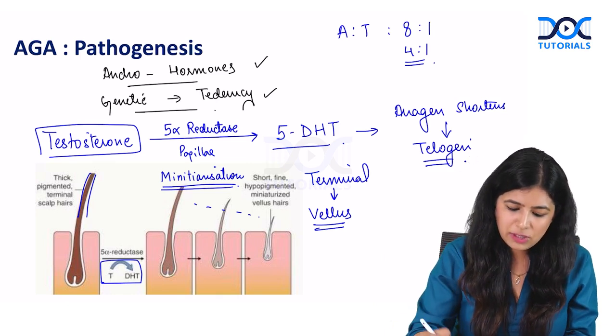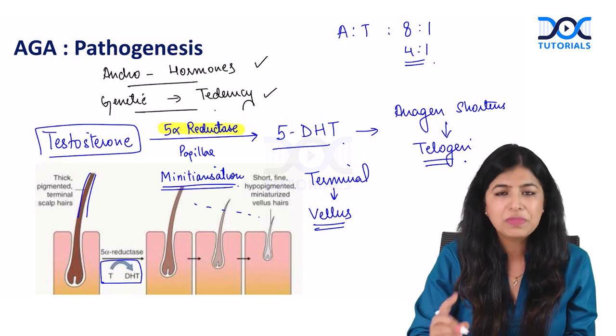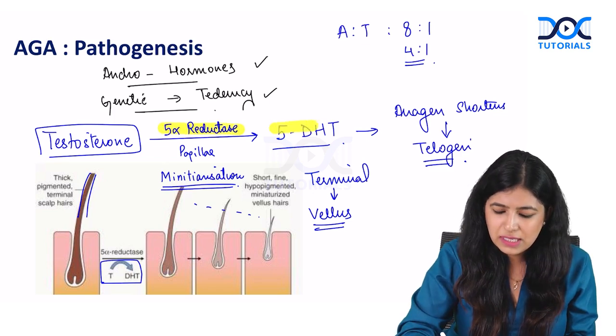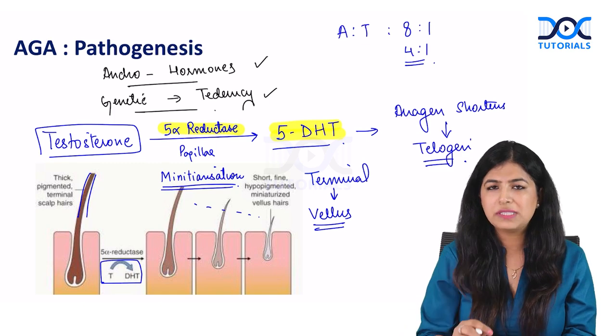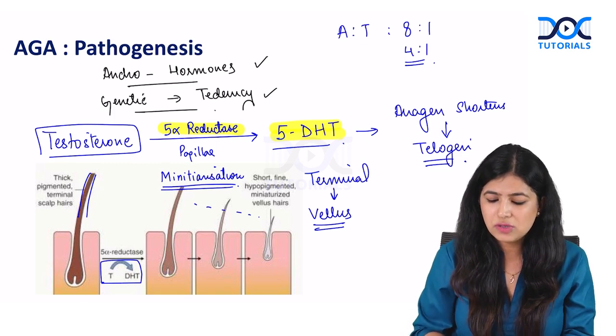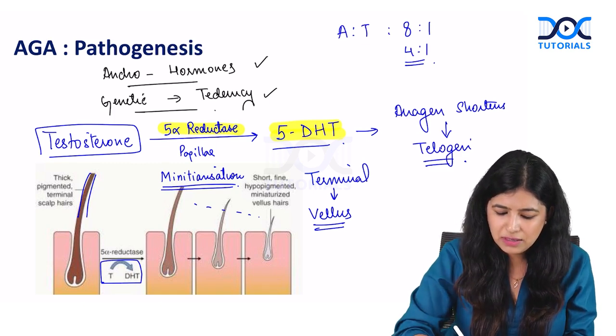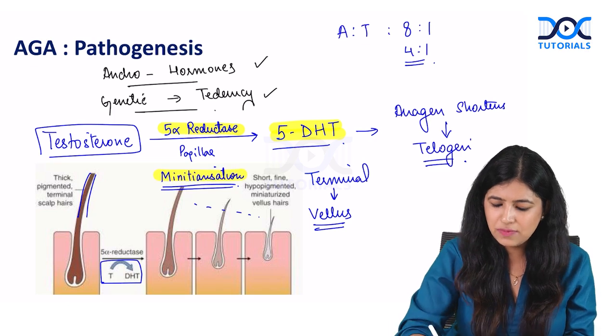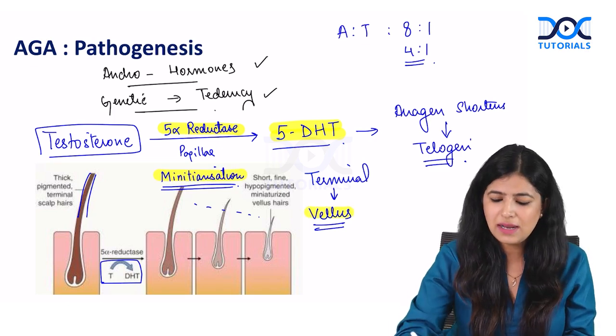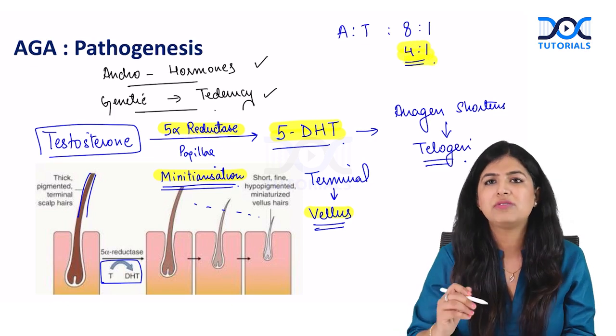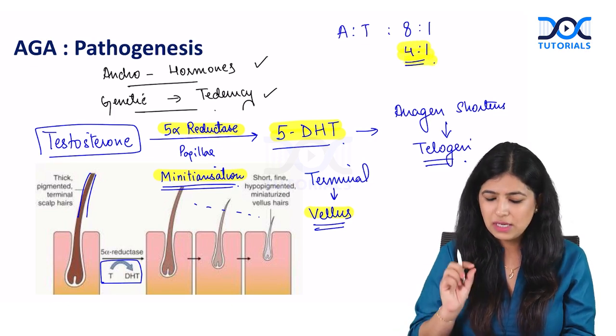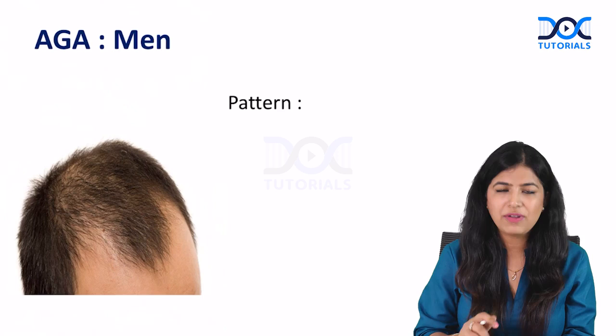So two things that you have to remember: the enzyme, which is 5-alpha reductase, the hormone responsible, which is 5-dihydrotestosterone, and what is happening here? There is a miniaturization of the hair leading to vellus hair, and the anagen telogen ratio is reduced. Clear to everyone the pathogenesis of AGA?